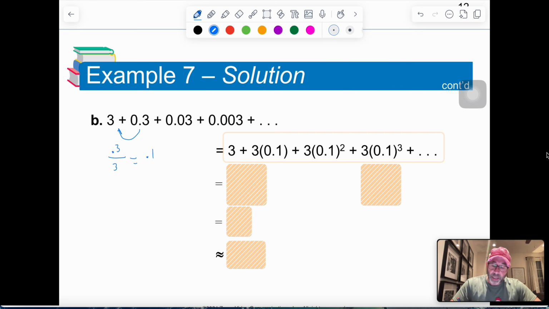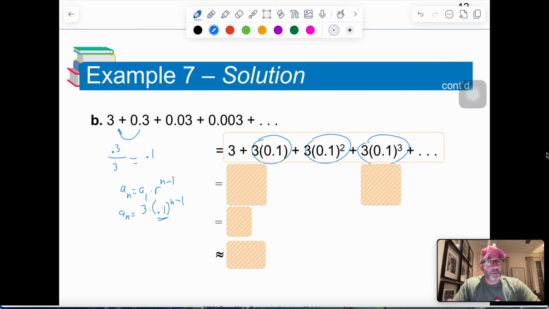That's where we get the formula a_n equals a_1 times r raised to the n minus 1. We can see that my first term is 3, my common ratio is 0.1, and it's raised to n minus 1. This is where we get these values of 0.1, 0.1 squared, 0.1 to the third, and so on and so forth.